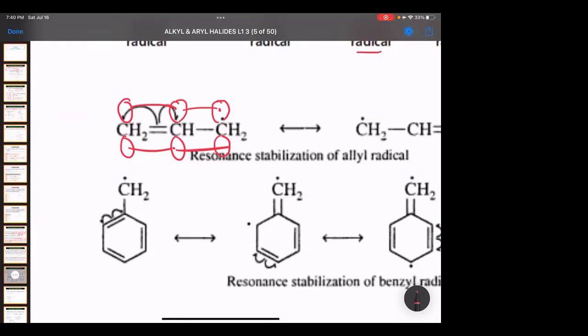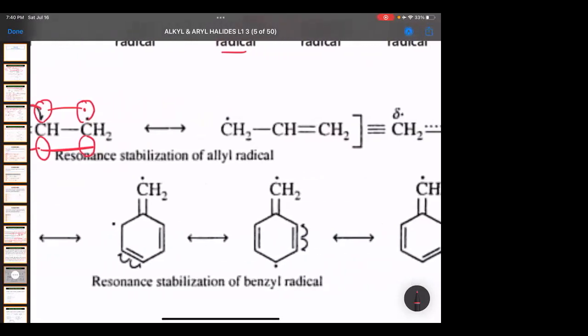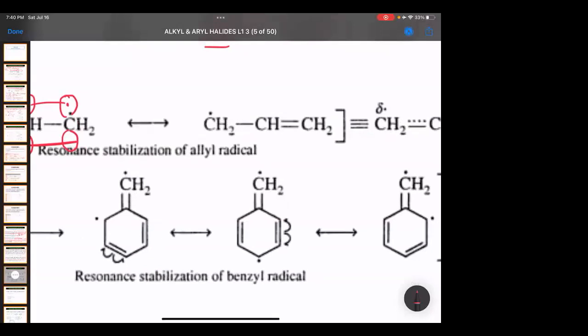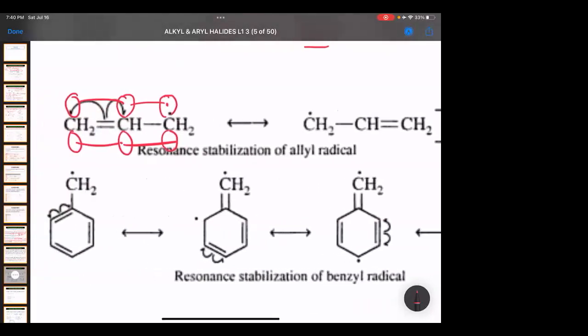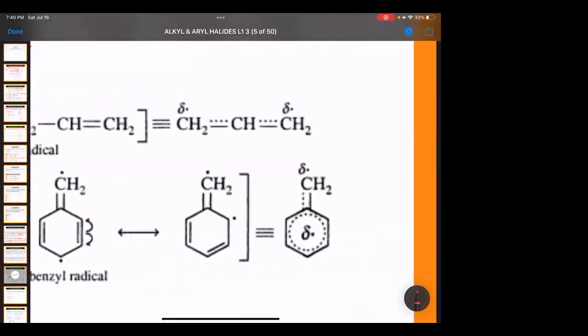If the electron density gets mixed up, the potential energy decreases. So it has been shown that the radical can be on this carbon or this carbon. How is it possible? Because of the pi electrons, and this phenomenon is known as resonance. It is the delocalization of loose electrons, like lone pairs, free radicals, or pi electrons.